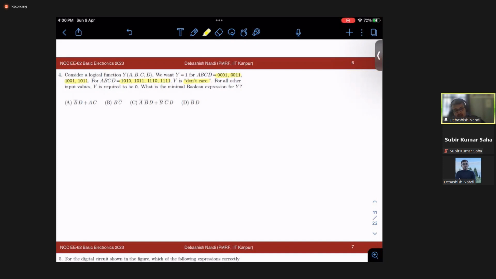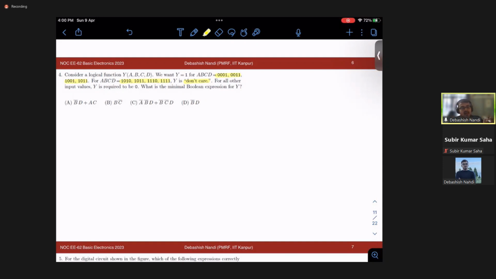I will try to cover the basics from this thing only. So, how to go about it? The first thing is to write the truth table, because you are new right now. You are just beginning to understand this kind of topic. It is always better to write the truth table as a very first step in this kind of questions.